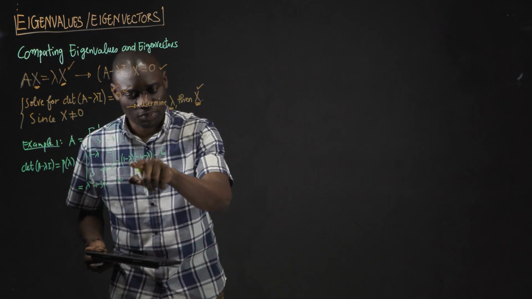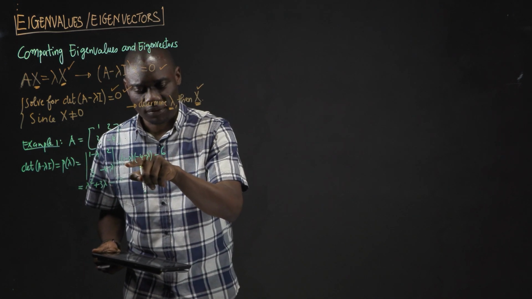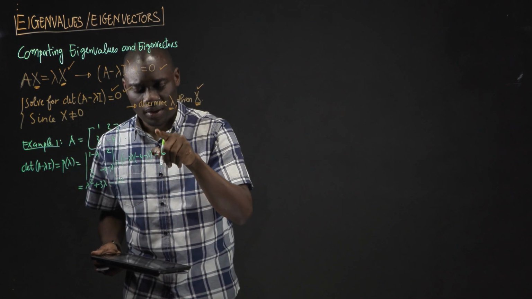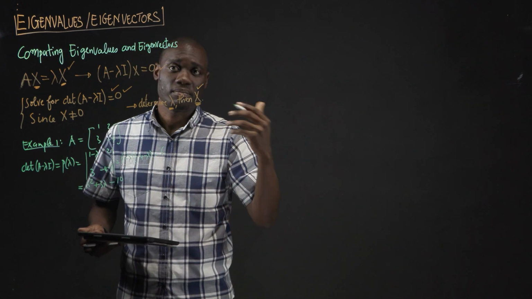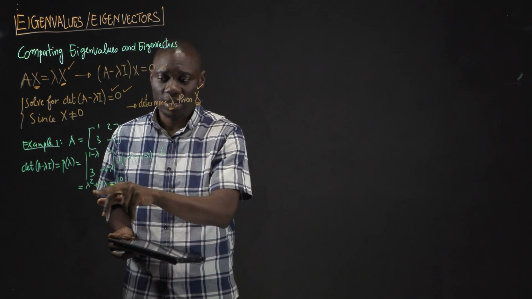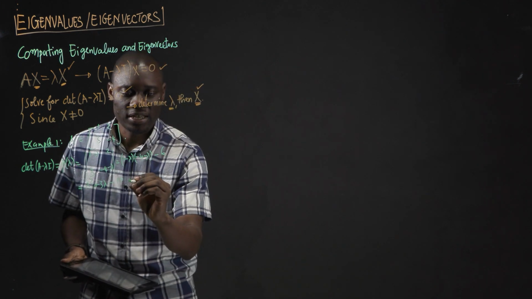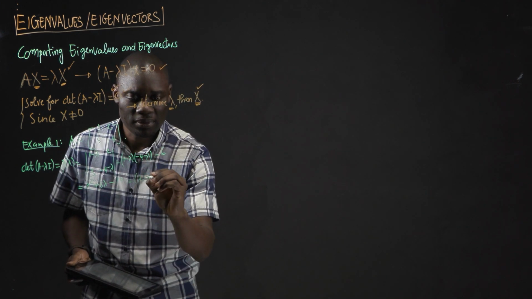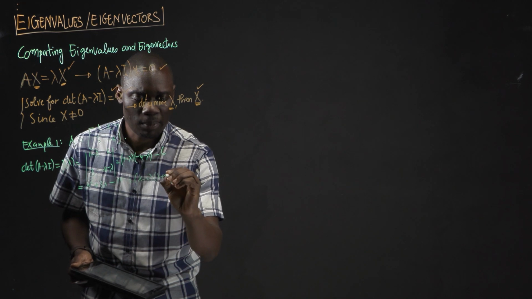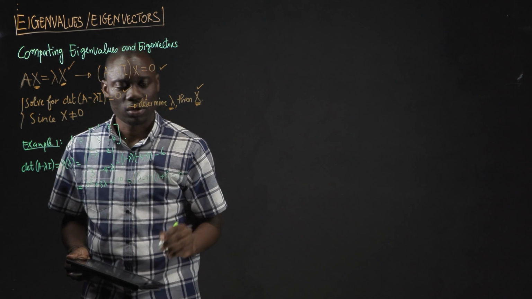If you multiply this out, you have minus 4 minus lambda plus 4 lambda plus lambda squared minus 6, which gives minus 10. Then combining like terms, this can easily be written as (lambda minus 2)(lambda plus 5) equals 0.